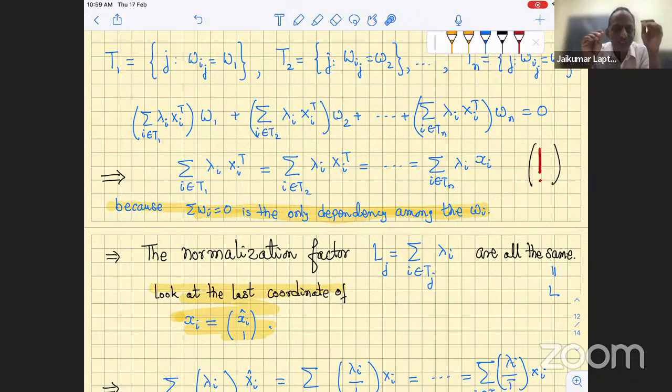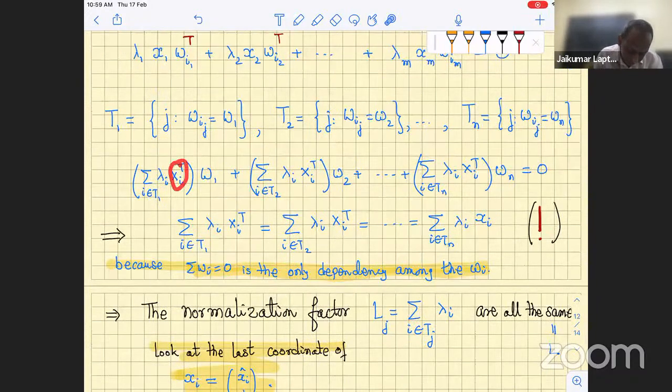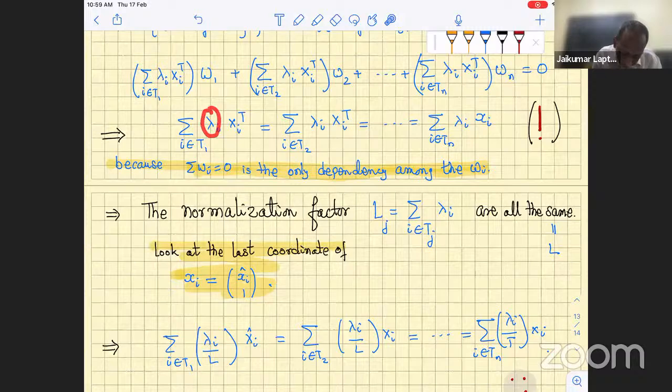And so remember Radon's theorem, we also had this issue of normalization. So all these quantities are the same. This looks like a conic combination of the xi's which participated in T1. These are conic combinations of the xi's that participate in T2, of those things that come from Tn. But what can we say about the normalization?